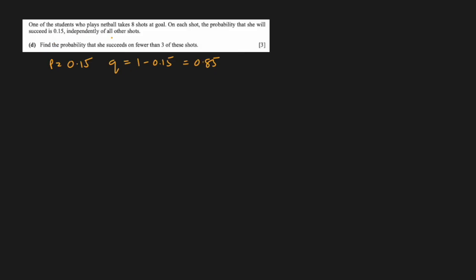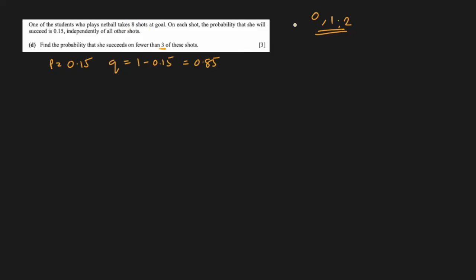Independently of all other shots. So it is ticking all the boxes for being eligible for binomial probability distribution. Find the probability that she succeeds on fewer than 3. Fewer than 3 means 0, 1 and 2 of these shots.